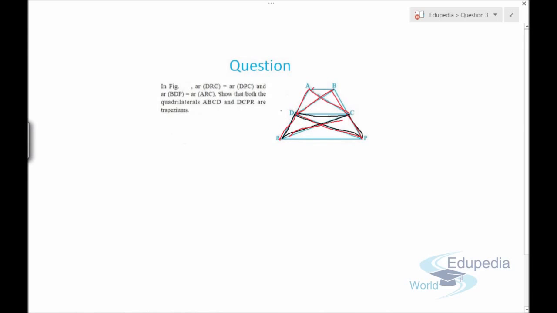Now we need to prove that ABCD and DCRP are trapezium.